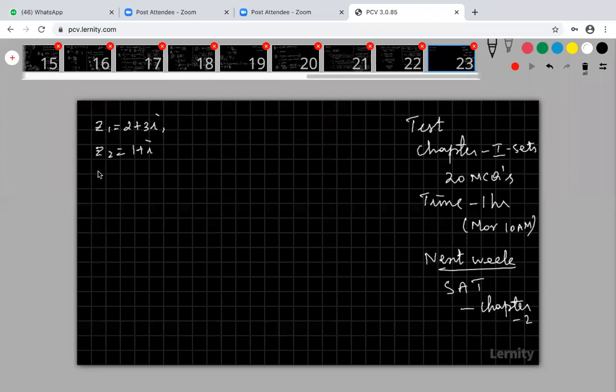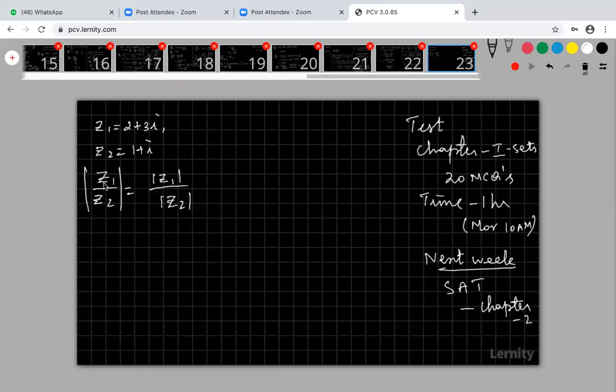Right, now come to that. The question is, modulus of Z1 by Z2 is equal to modulus of Z1 by modulus of Z2. Okay, this is the property, this is the result. What is the meaning? First you divide two complex numbers, you will get another complex number, and then take the modulus.